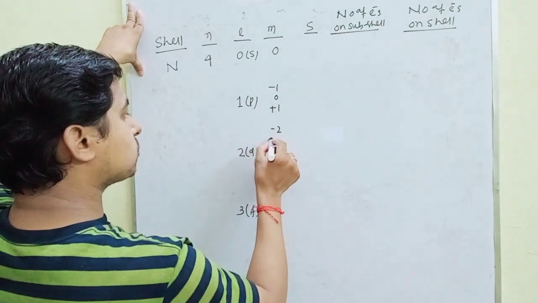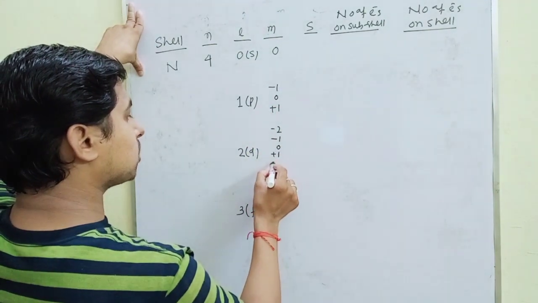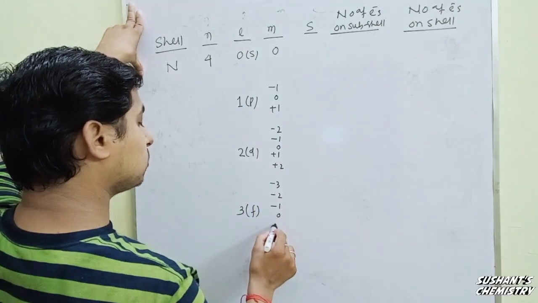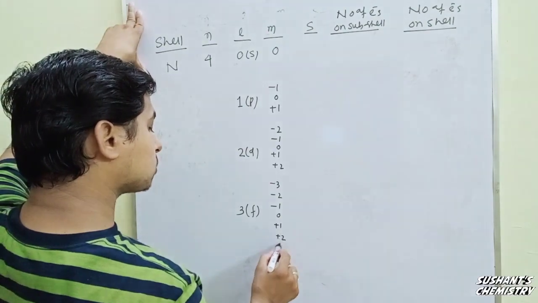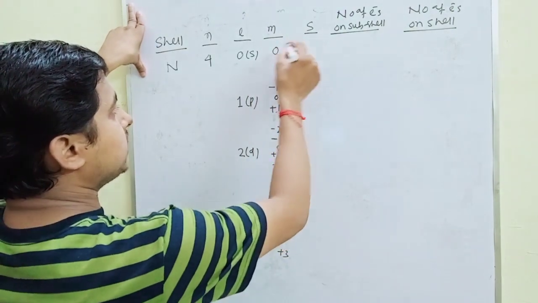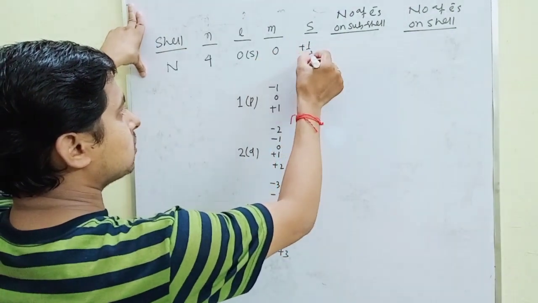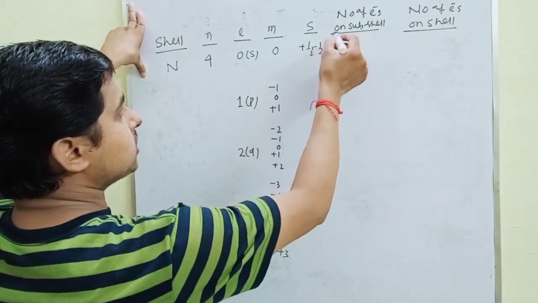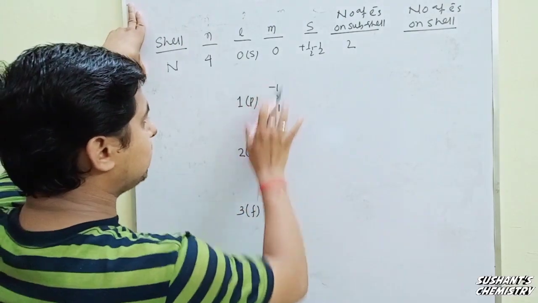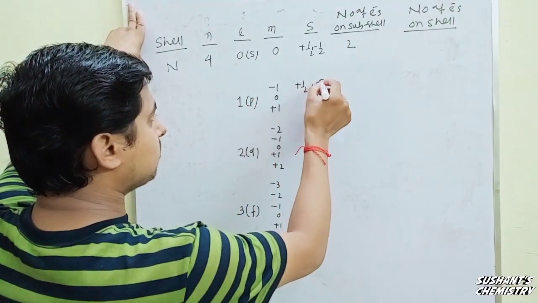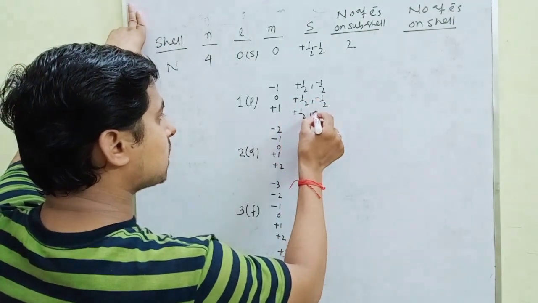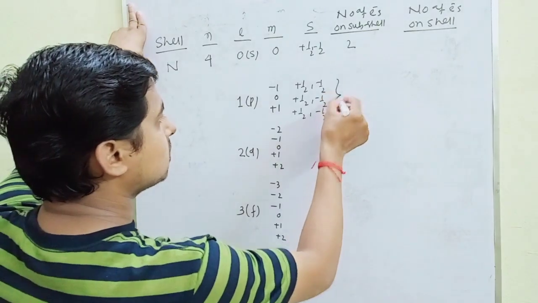Here minus 2, minus 1, 0, plus 1, plus 2. Here minus 3, minus 2, minus 1, 0, plus 1, plus 2 and plus 3. Right? Here the S subcell contains 2 electrons, plus half and minus half. That means number of electrons in the subcell is 2. Here the P subcell contains 3 orbitals, plus half and minus half for each. That is 6 electrons.